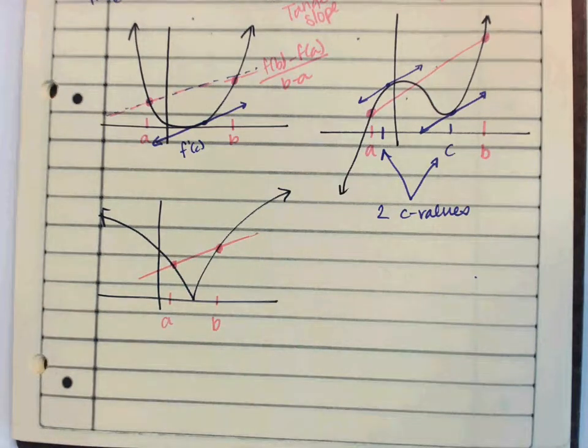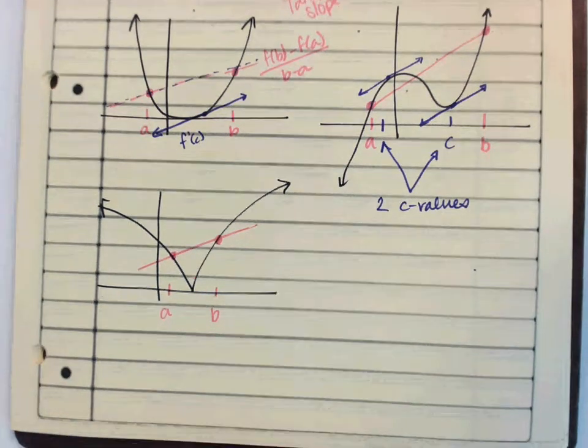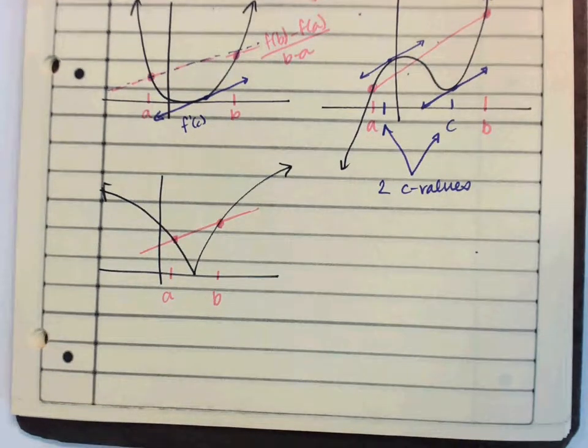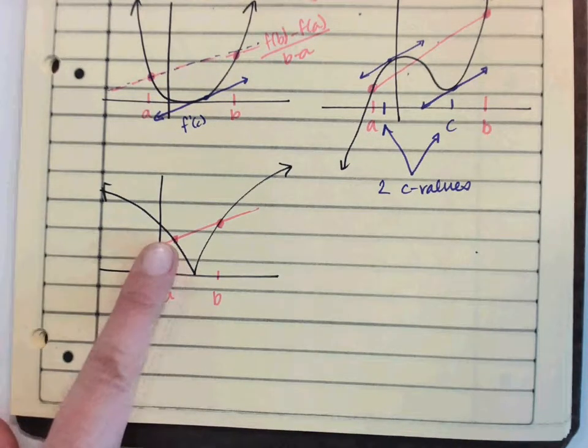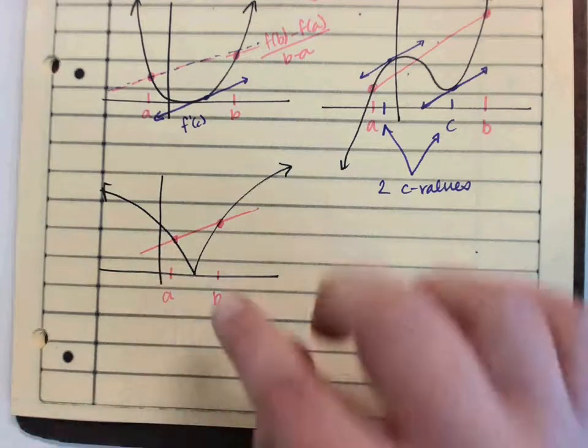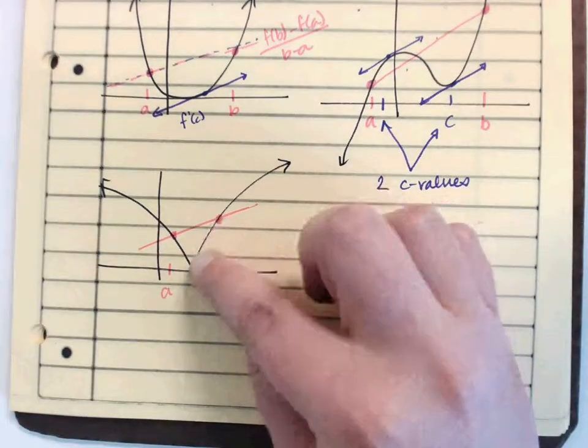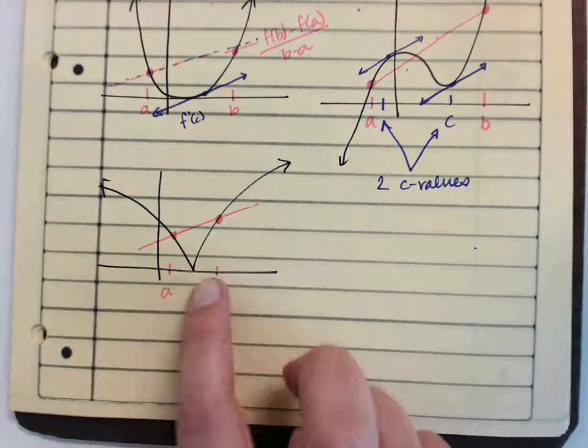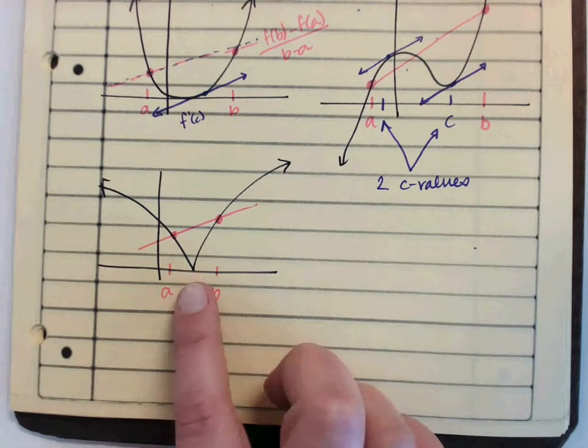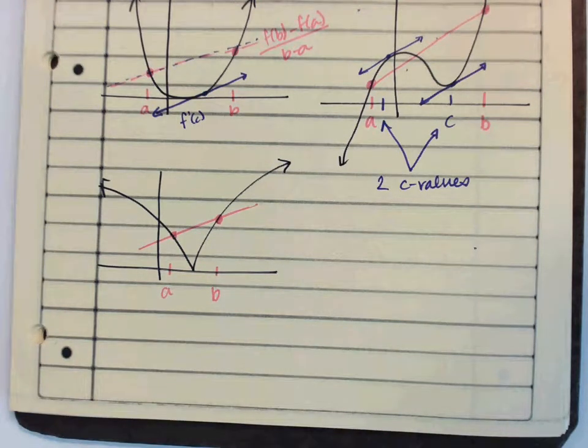Is there ever a slope between those 2 dots where my slope matches exactly that secant slope? No, everything over here, the slope is negative. And then everything over here, the slope is way too steep. Why does mean value theorem not get to promise us that's going to happen for that graph? It's not differentiable. Very good. What happens in the graph that tells you it's not differentiable?